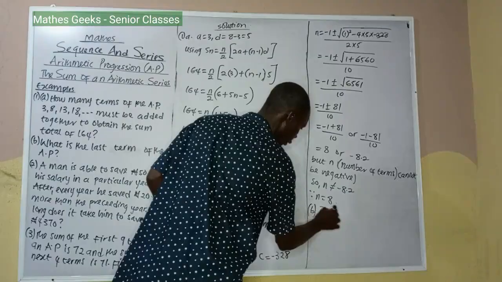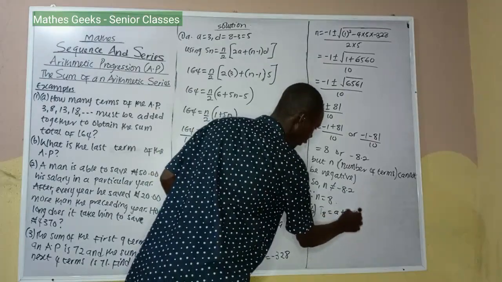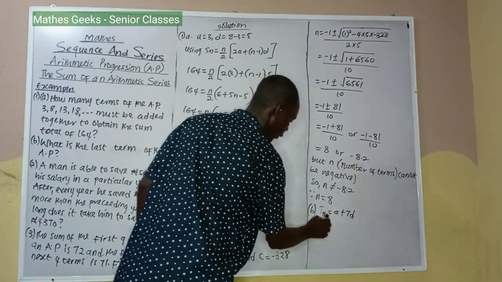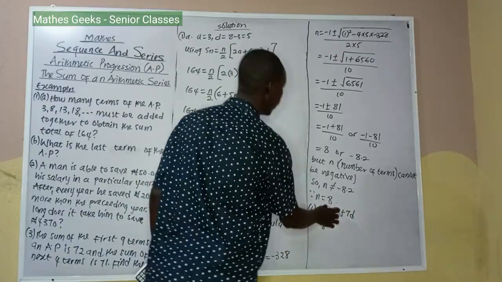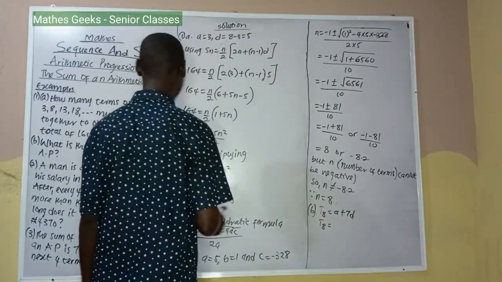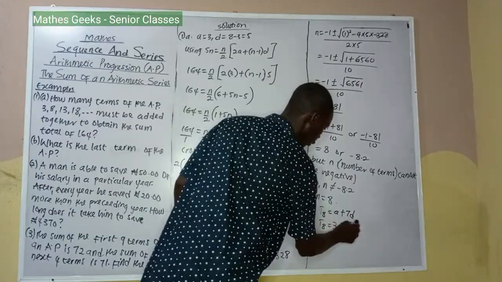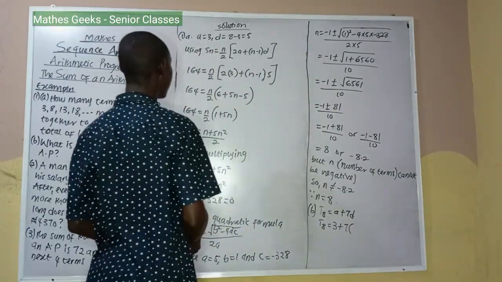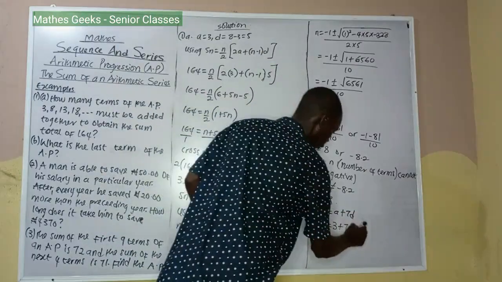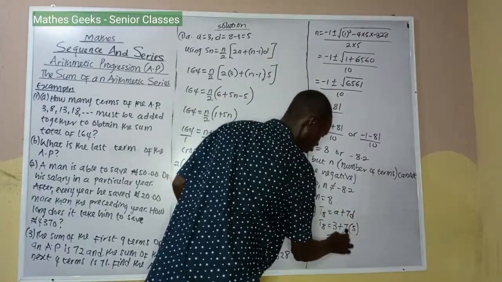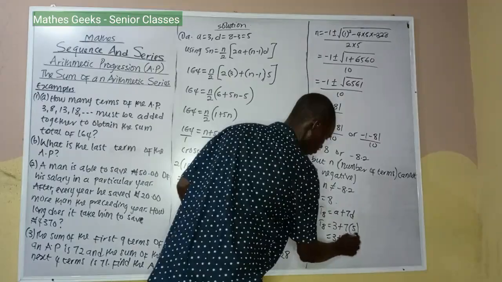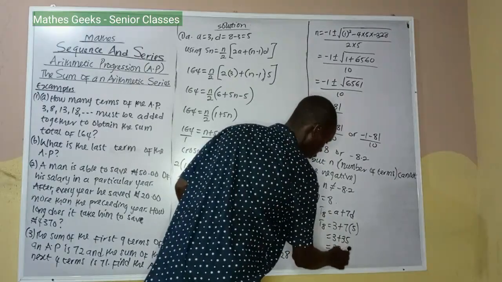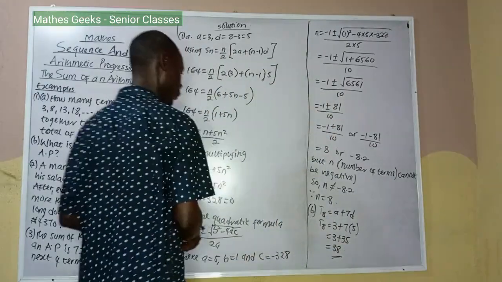T8 is equal to A plus 7D. Since A, the first term, is 3, plus 7 times D, the common difference, which is 5. So 3 plus 7 times 5, which is 35, will give us 38.